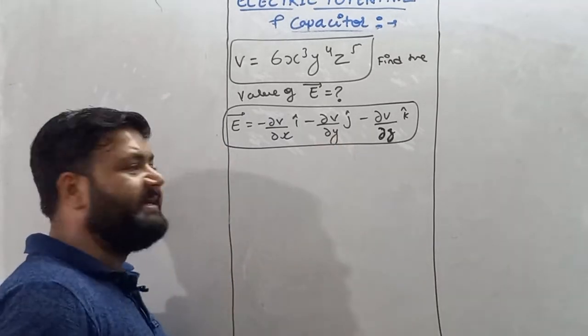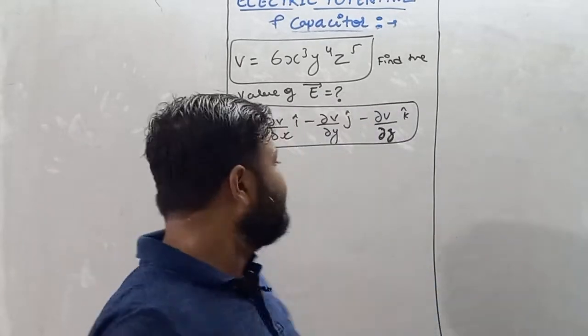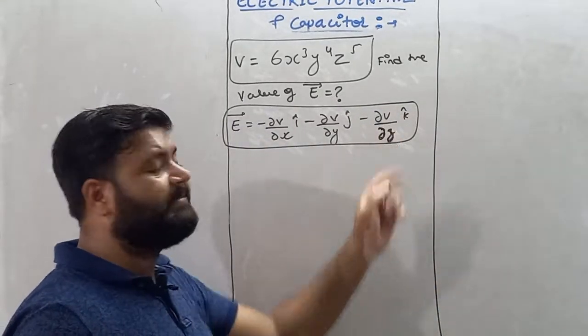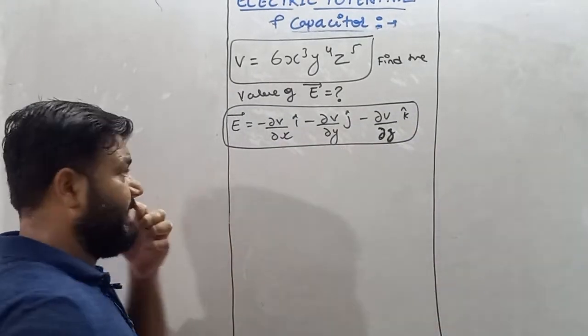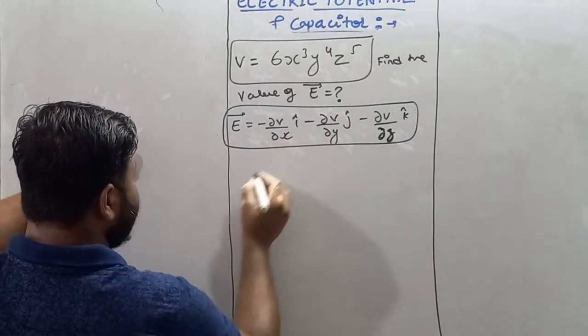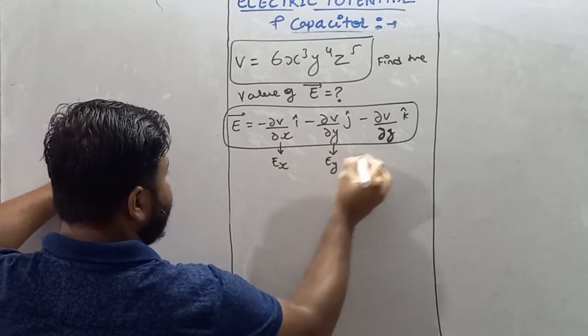Similarly, when finding del V by del Y, we take X and Z constant. Similarly, when finding del V by del Z, we take X and Y constant. So this is nothing but Ex, this is Ey, this is Ez.